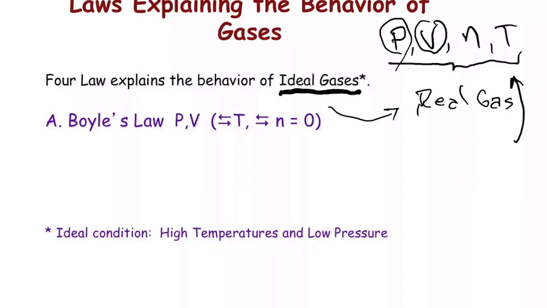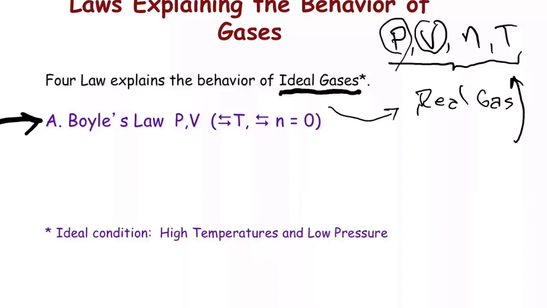That's why it has a certain volume. But if you increase the pressure, like squeezing a balloon, the volume is going to get smaller. So the volume and the pressure are inversely proportional. If the pressure is high, the volume gets smaller. That's basically Boyle's law.